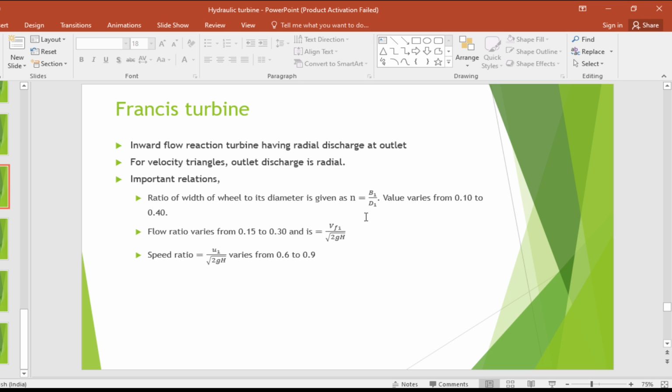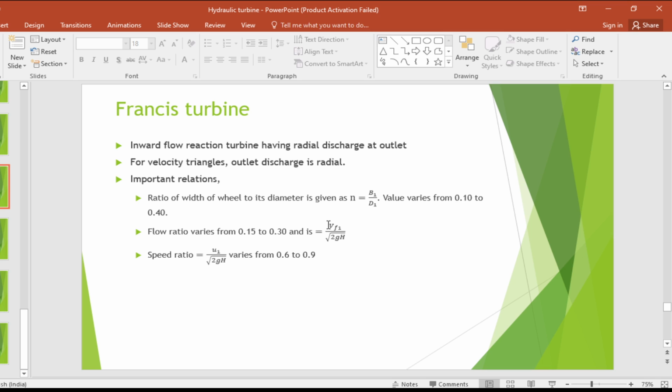That means this ratio, the width to diameter ratio of the wheel, is n, and its value varies from 0.10 to 0.40. This ratio will vary from 0.10 to 0.40.